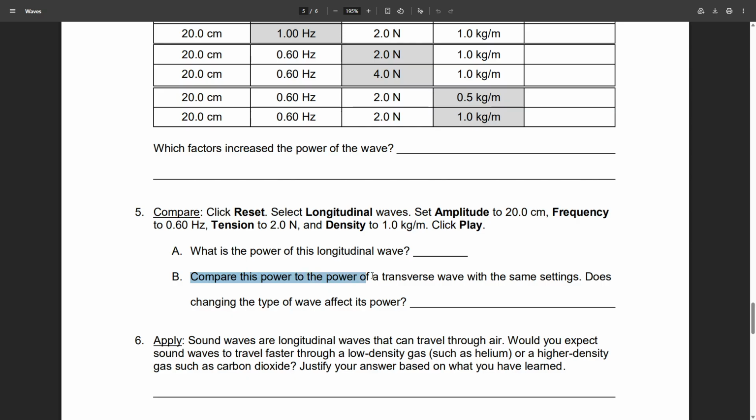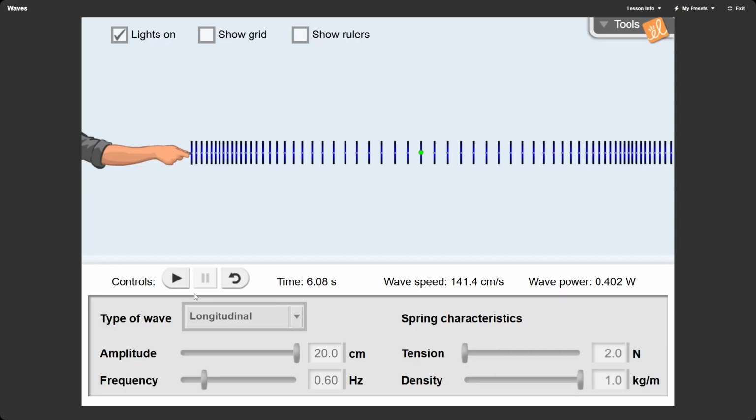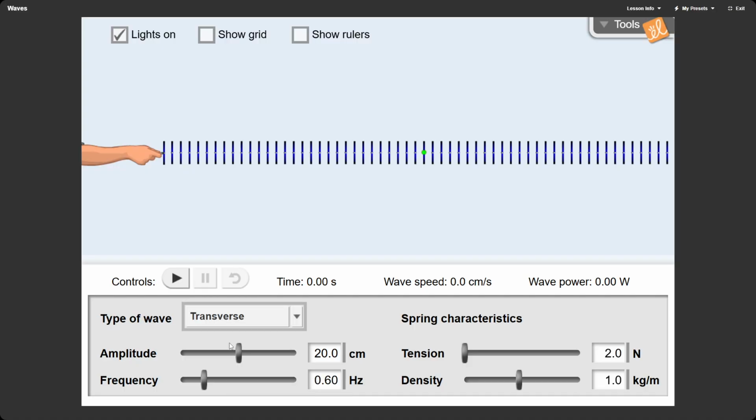Compare the power of the transverse wave with the same settings. Does changing the type of wave affect its power? So what you're going to want to do is reset it, change it to transverse wave, make sure that your different settings are the same.